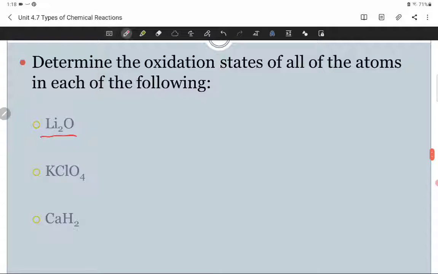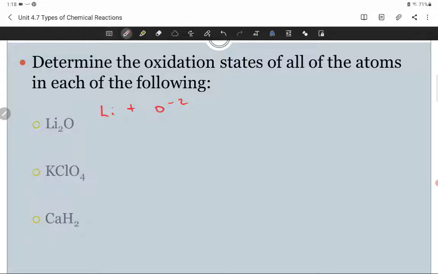So lithium has a +1 oxidation state. There are 2 lithiums, so +1 times 2 is a +2. So the oxygen, without even looking at any rules, has to be -2. But we also have a rule that says oxygen is typically going to be -2. So we had 2 ways to approach that one.